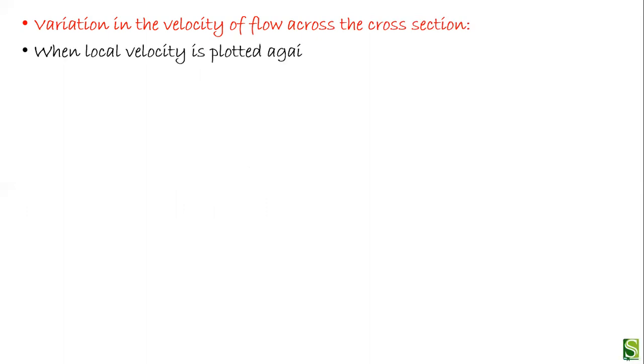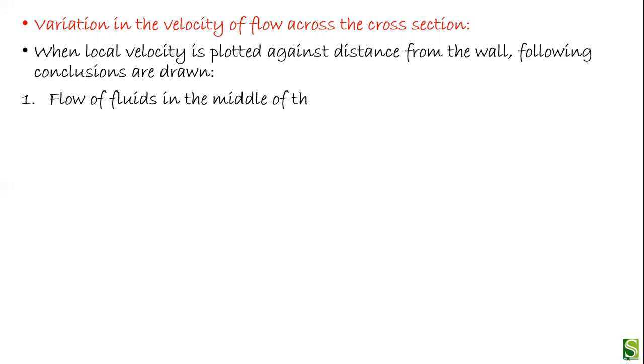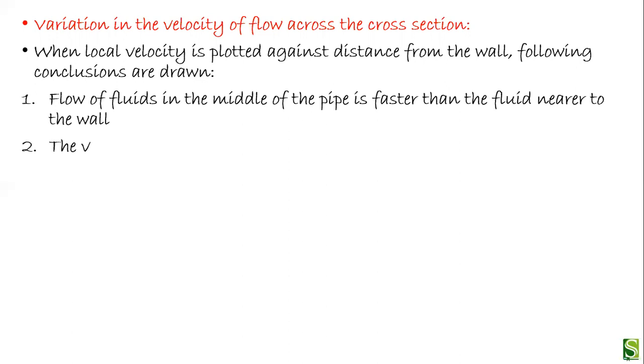Now, what is the variation in the velocity of flow across the cross section? When local velocity is plotted against distance from the wall, the following conclusions are drawn. The first is that the flow of the fluid in the middle of the pipe is faster than the fluid which is near the wall.